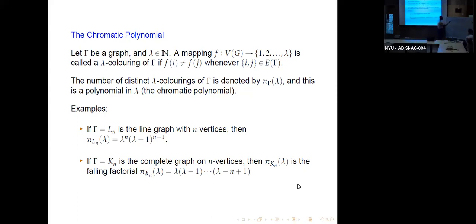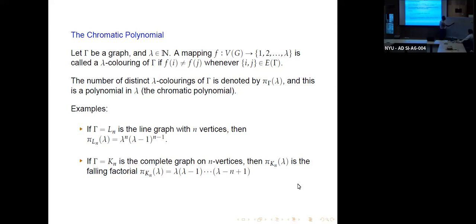For example, take this graph and color it. We have t colors, so you put t colors here. But what does it mean to color a graph? It means that the colors of adjacent vertices are not the same. So here you can only put t minus 1 colors, because we already picked one.